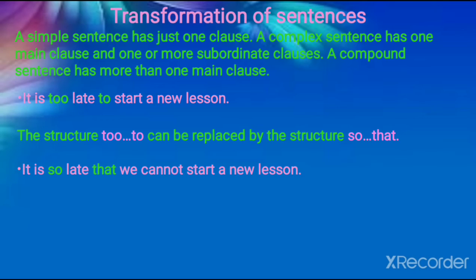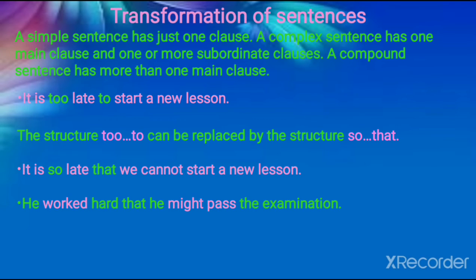One main clause, that is, it is so late, and one subordinate clause, that is, that we cannot start a new lesson. We have already learned that a sentence containing one main clause and one or more subordinate clauses is called a complex sentence.